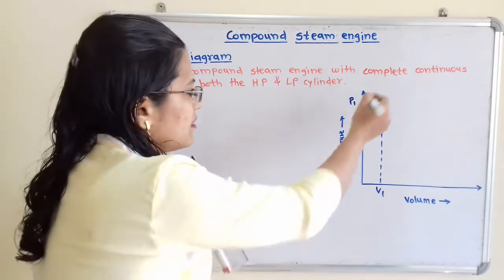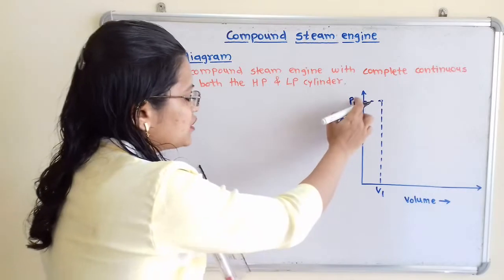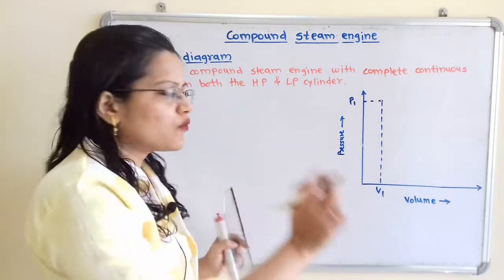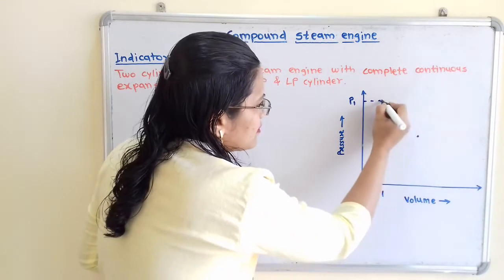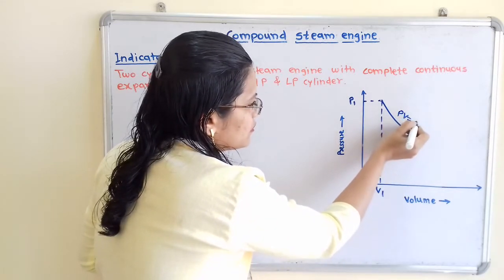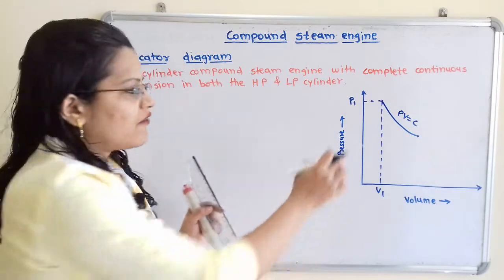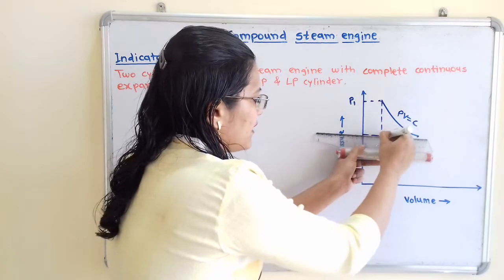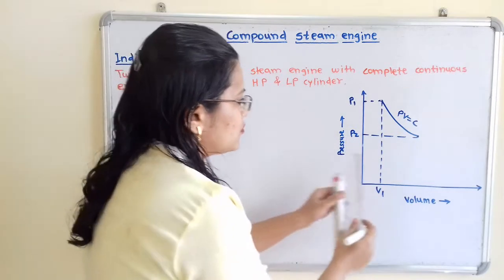As expansion takes place, pressure is decreasing and volume is increasing. So we have to select the point in such a way that this is the law, PV equals C. Now this is point 2. After expansion, I will show that the pressure is P2 and the volume is V2.